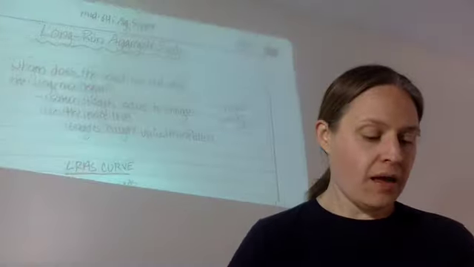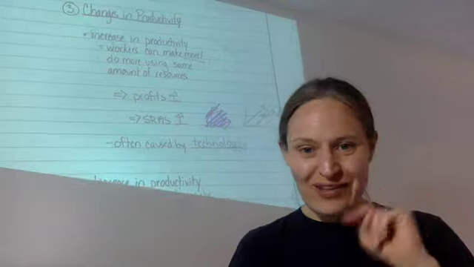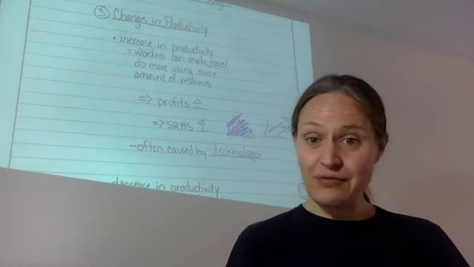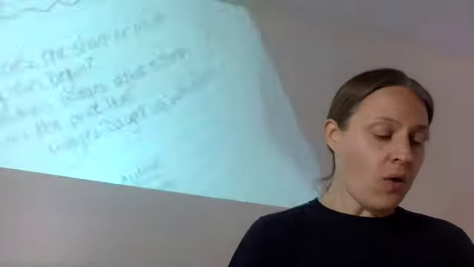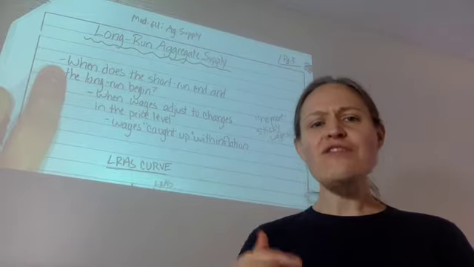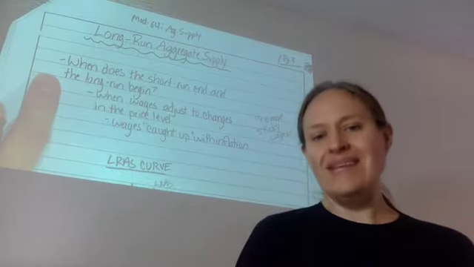Okay. All right, so those were the 3 reasons, of which we only need to know 2, of what can cause the short-run aggregate supply curve to shift left or right, to increase or decrease. Well, now let's talk about this long-run aggregate supply curve. Now, when does the short run end and the long run begin?